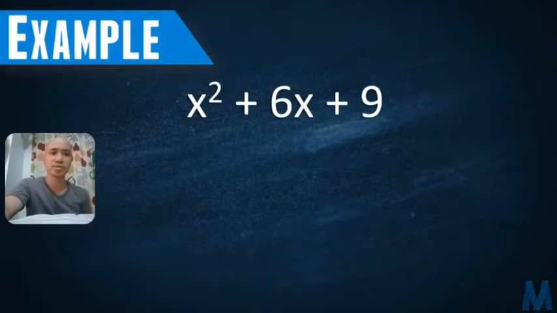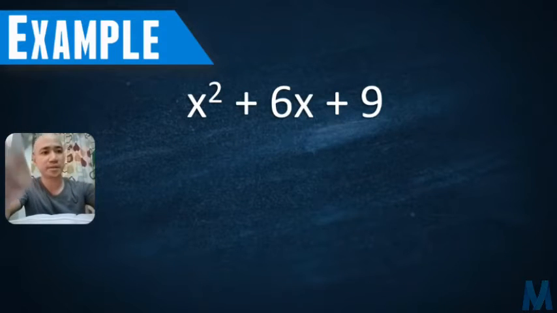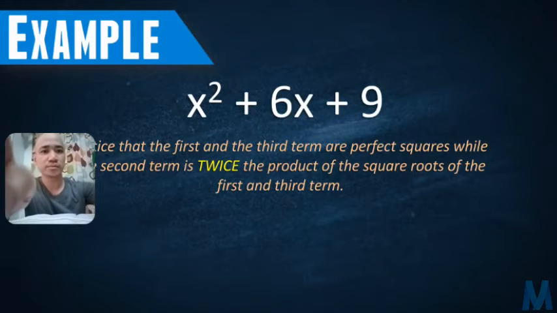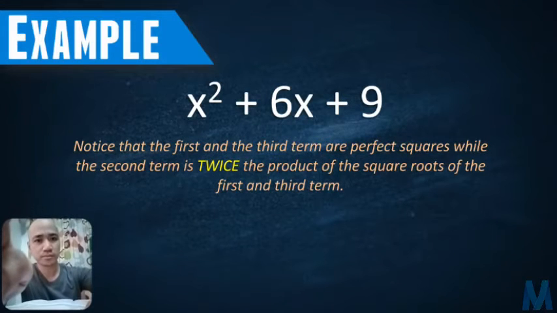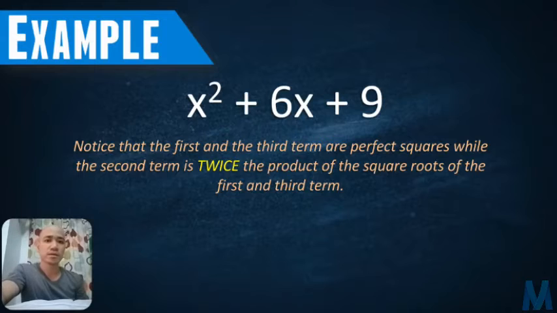Try tabi sa x squared plus 6x plus 9. Okay, so notice that the first and the third term are perfect squares, right? X squared is a perfect square. Same thing with 9 is a perfect square. While the second term is twice the product of the square roots of the first and third term.